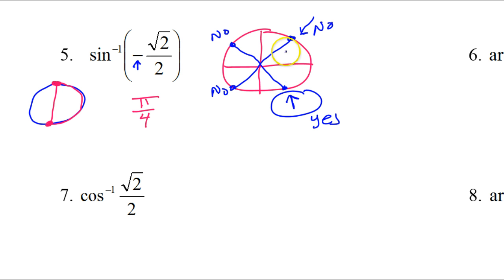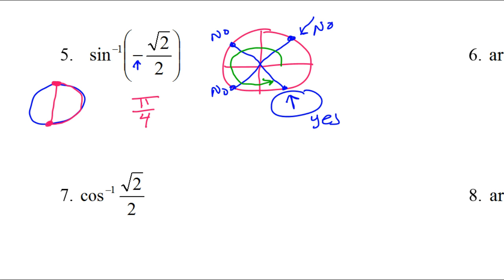So what do we call this? Because we have to stick to the right hand side of the unit circle, you cannot call this, what would this be? 1, 2, 3, 4, 5, 6, 7. You cannot call this 7 pi over 4.